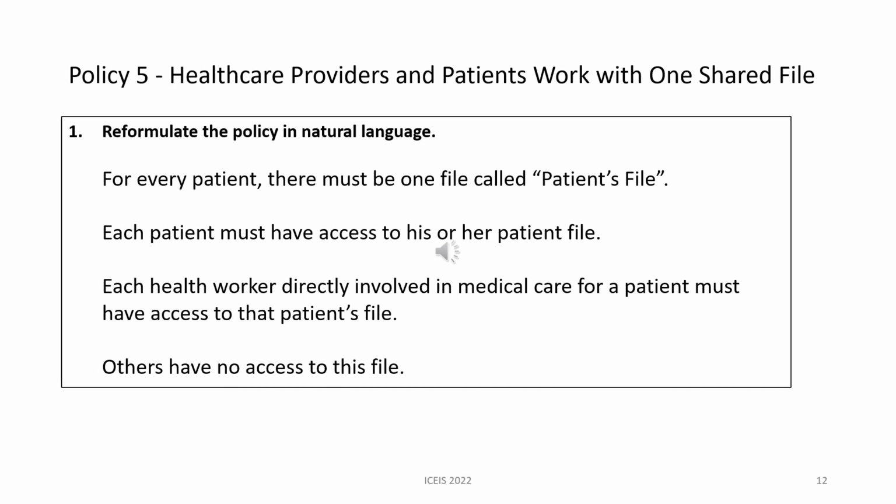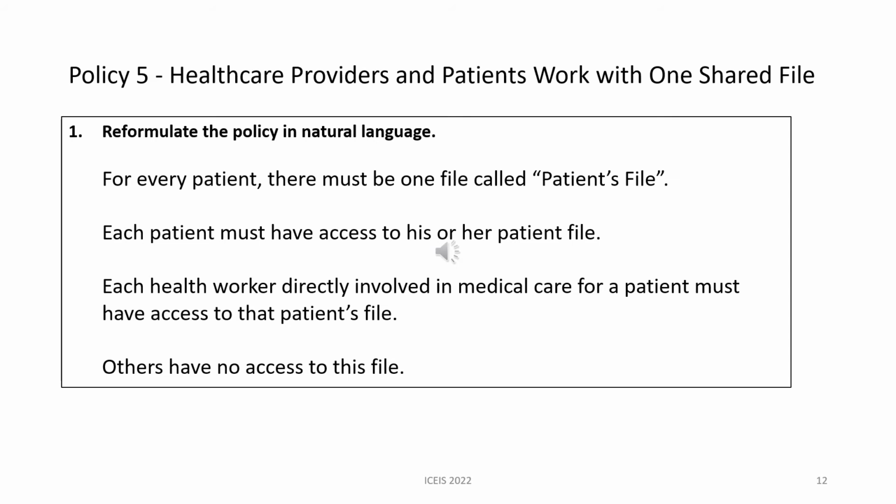For example, policy 5. Healthcare providers and patients work with one shared file. First, we have to reformulate the policy in natural language. For every patient, there must be one file called patient's file.